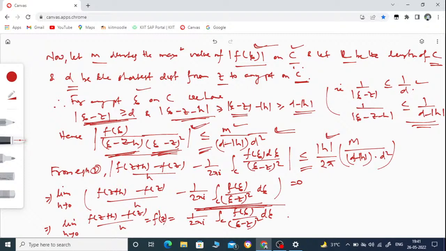Okay, so now this is proved. Similarly, by a method of induction, f dash z is equal to 1 by 2 pi i integration over c of f of j divided by j minus z whole square dj.